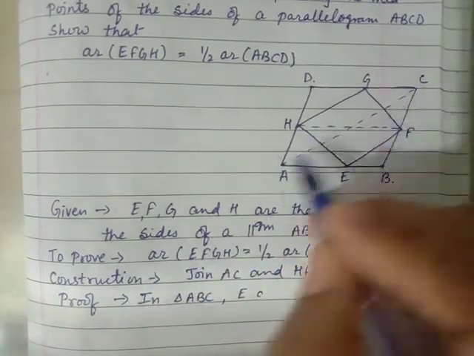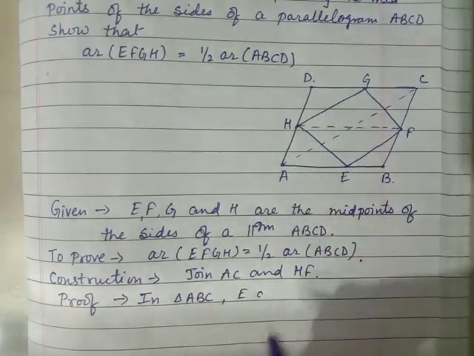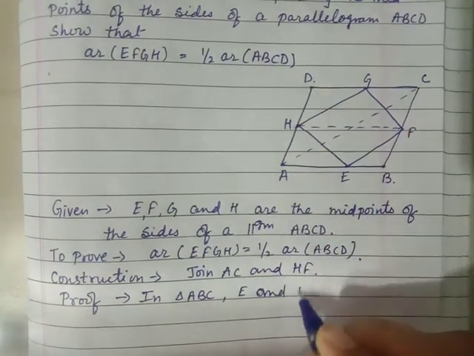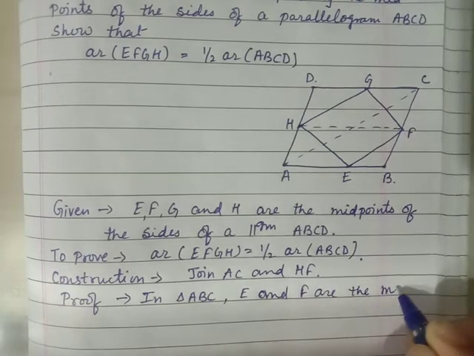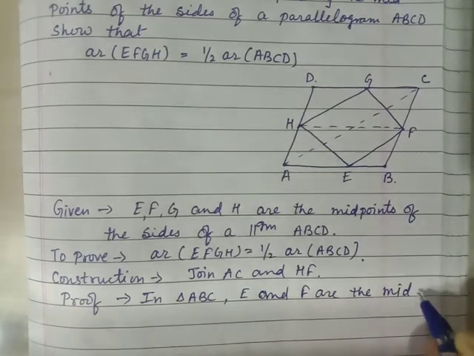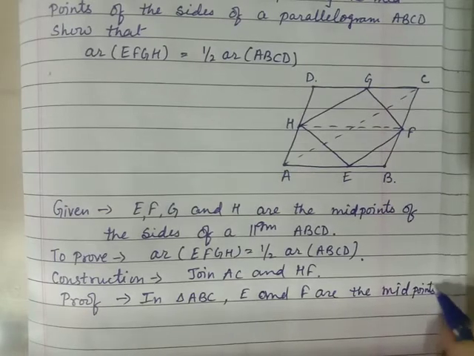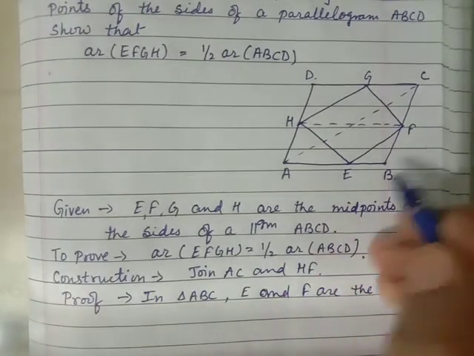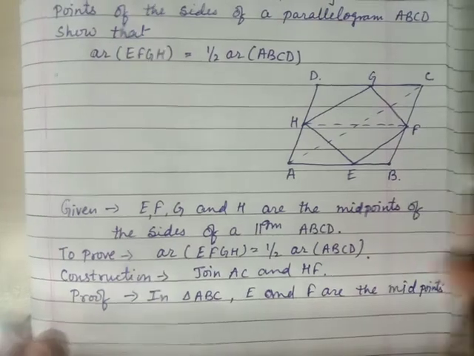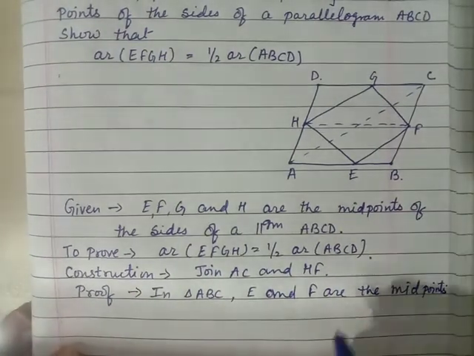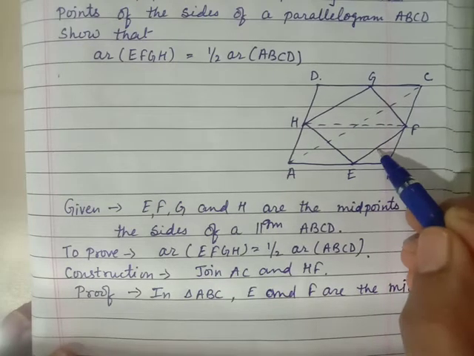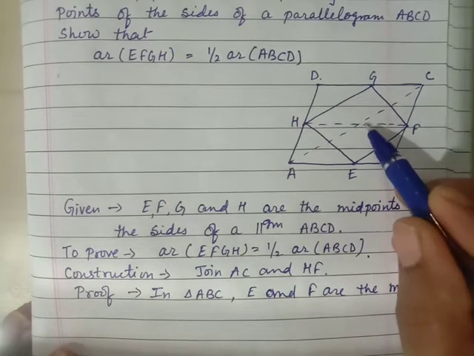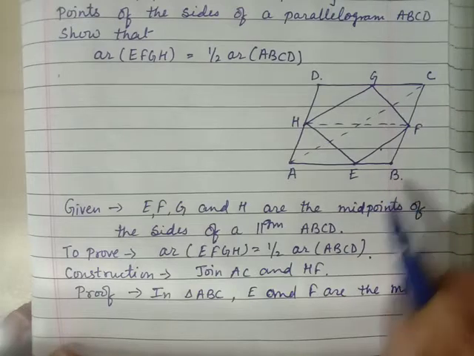Now you see this triangle ABC. E and F are the midpoints. So you can see that we can apply here the midpoint theorem. You know what is the midpoint theorem? If in a triangle a line joins the midpoints, it is parallel to the third side and half of it.